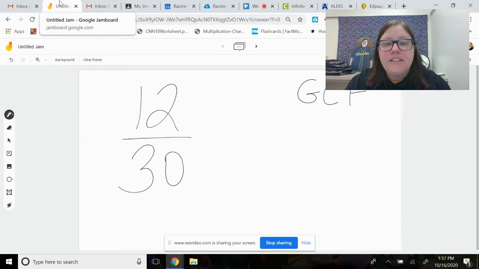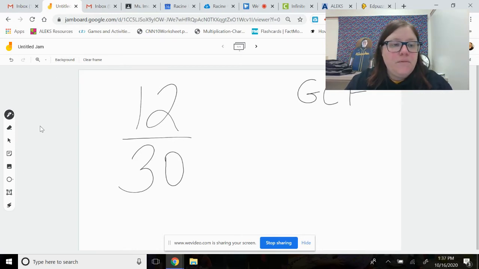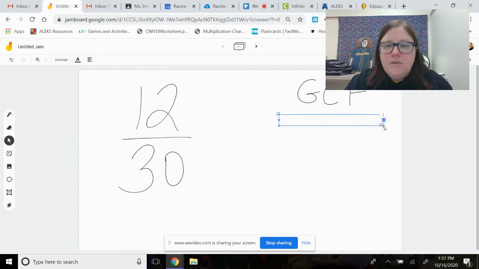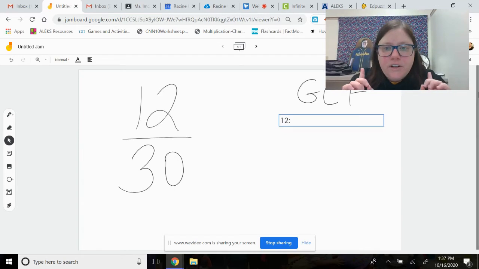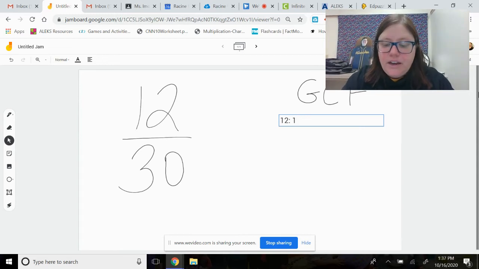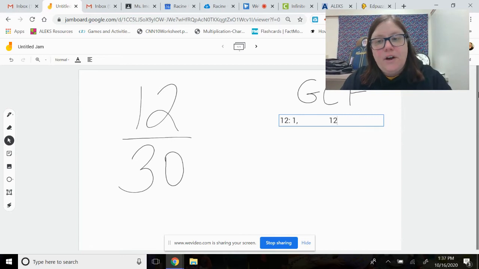That means I am listing all of the different factors, numbers that I can multiply to equal the numbers I'm looking for. So I'm going to use a text box to keep it nice and clean with 12. My factors of 12 include the one you can always remember to start with, 1 and the number itself. So 1 and 12.